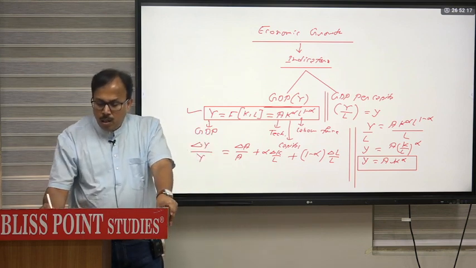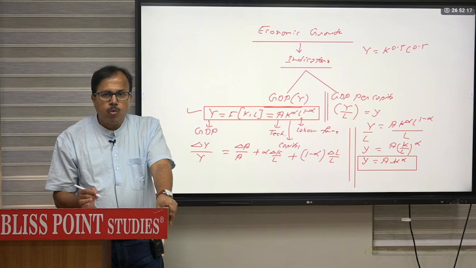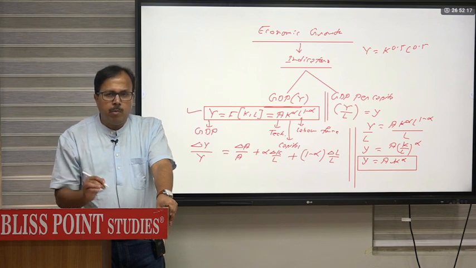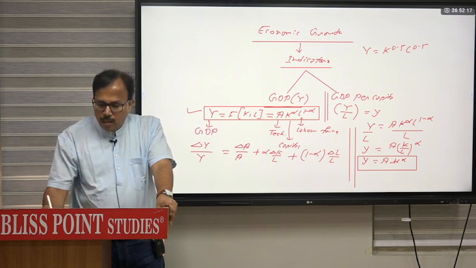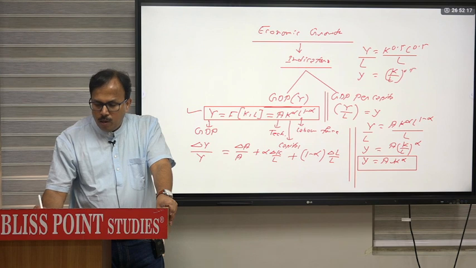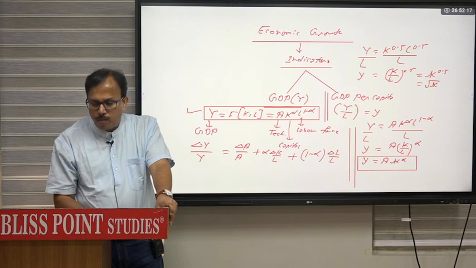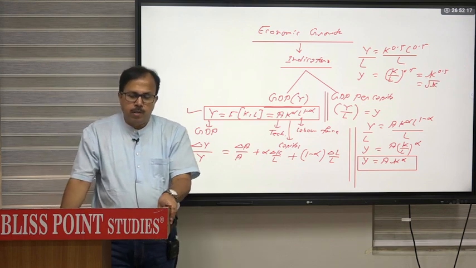For example, if I write Y is equal to capital to the power 0.5 and labor to the power 0.5, then automatically the value of A we have taken as 1. If I write it in terms of GDP per capita, I will divide it by L. So this will become small y, and the right side will become K by L to the power 0.5, which could be written as small k to the power 0.5, or simply y is equal to under root k.